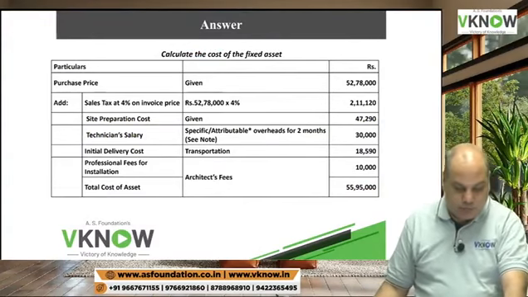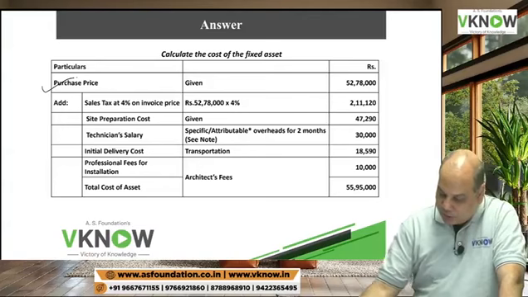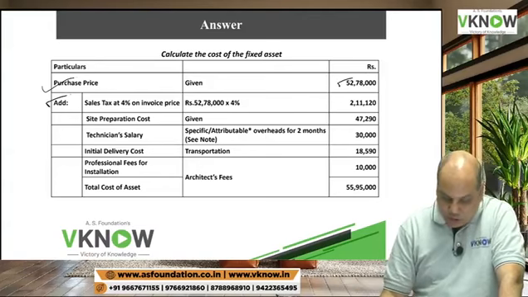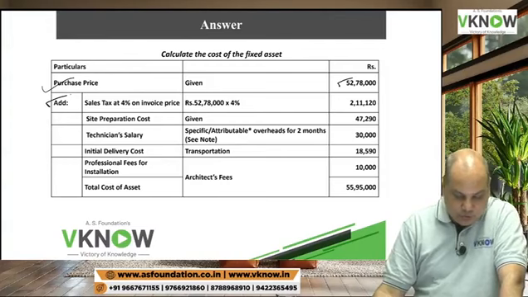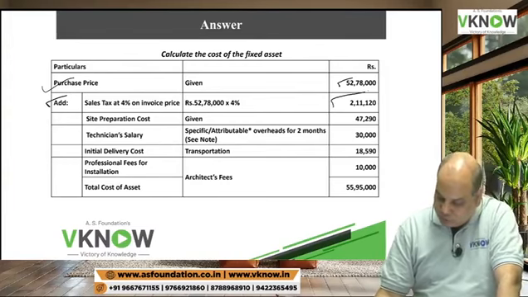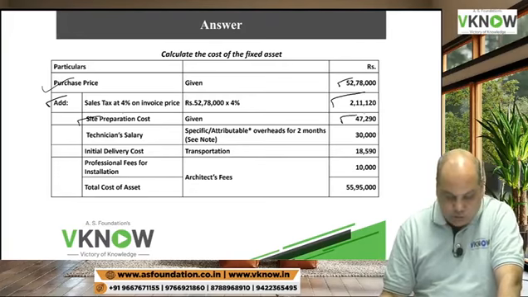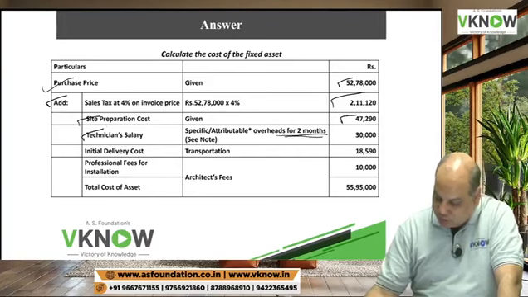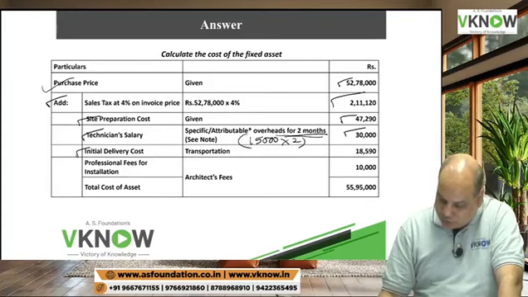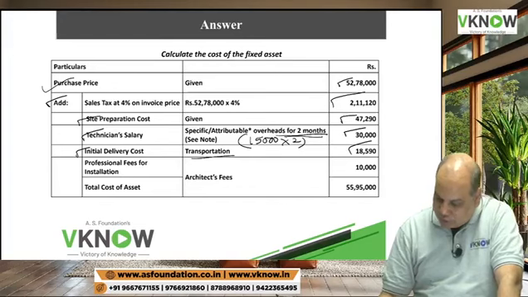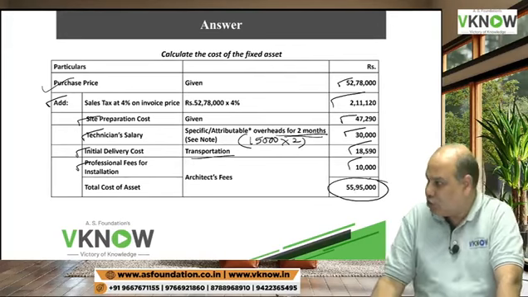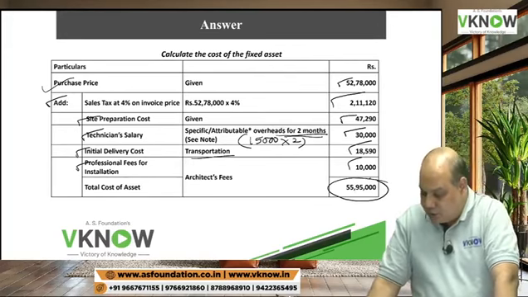So the answer is: purchase price, take the full amount, add sales tax 211,120, site preparation cost 47,290, technician salary only for 2 months, 15,000 into 2, 30,000, delivery cost 18,590, professional fees for architect 10,000. Only tell me whether this total is right. 5,595,000.